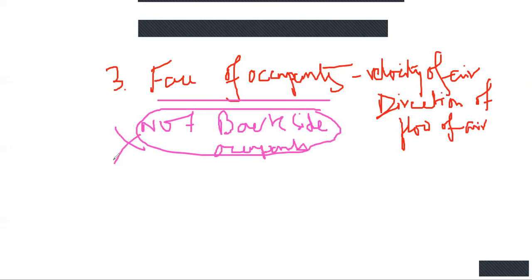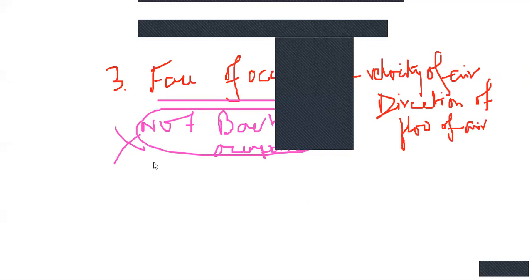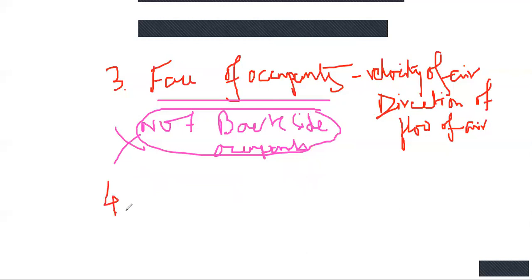Okay, it is not desirable. Always towards the face of the occupants. This is number 3.